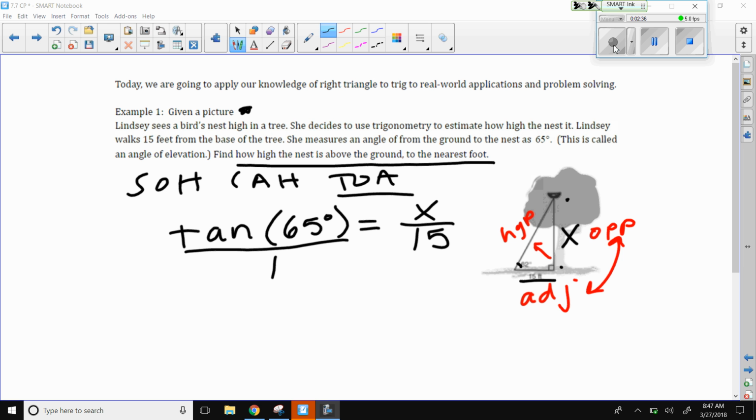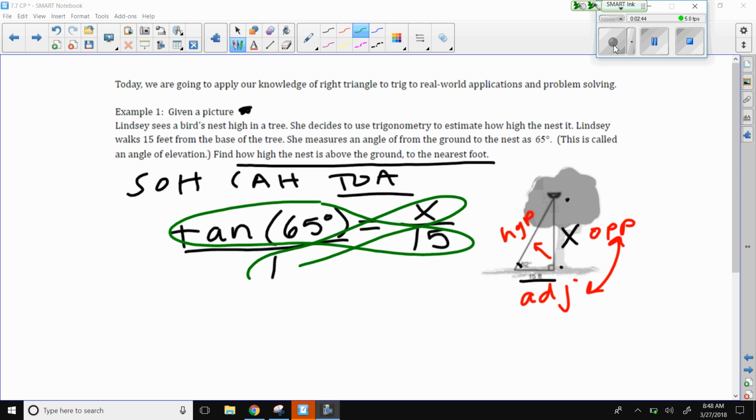Remember that this is just a proportion, so this is over 1. I'm now cross-multiplying these two, which means I end up with 15 times the tan of 65 degrees equals x.